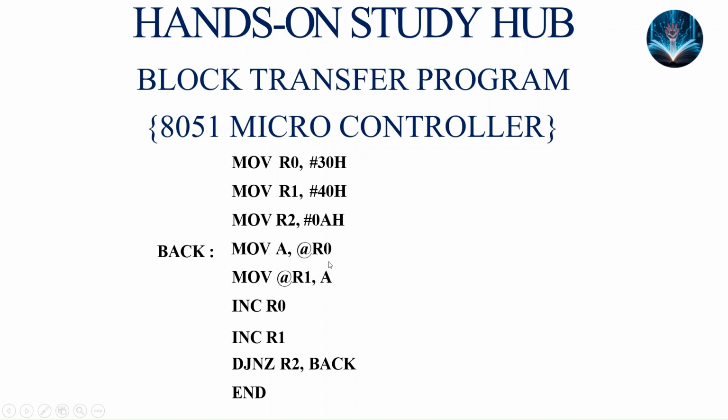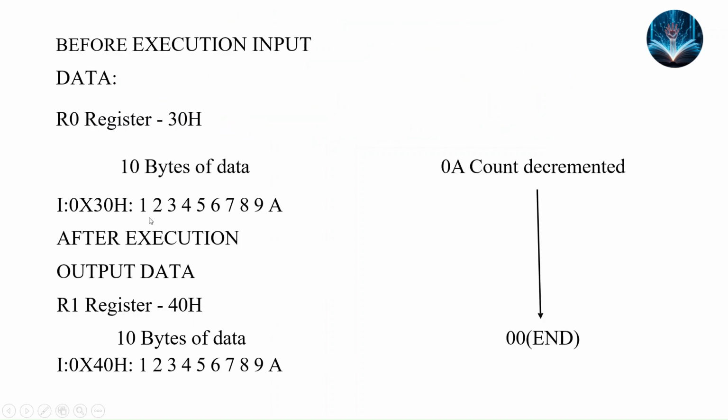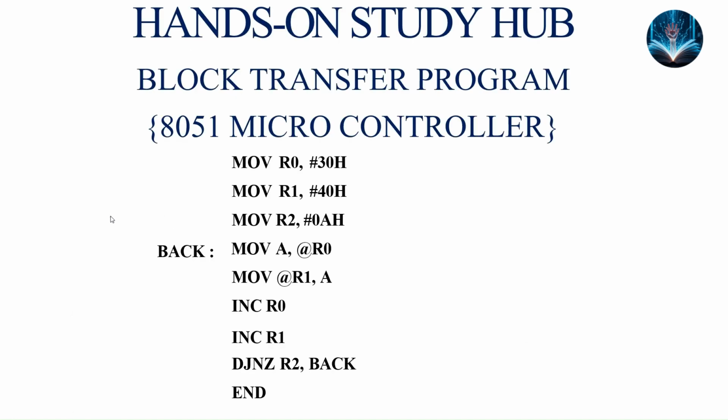After copying 1 byte of data, the memory location must be incremented to the next memory location. For that purpose, we are using the increment R0 instruction.